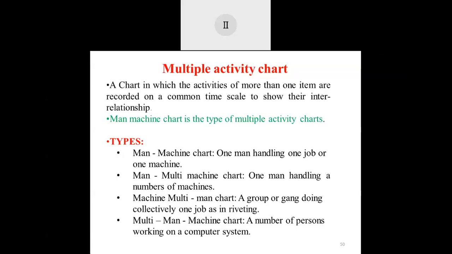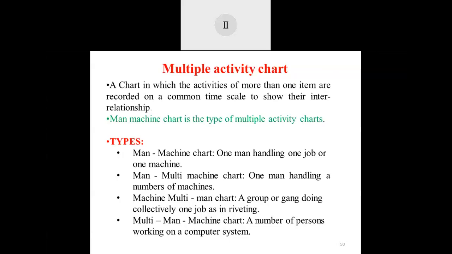Okay. One example is the man machine chart, which is a type of multiple activity chart. So there are different types of chart available. The types are written here. Types of multiple activity chart, like the man machine chart. Here in this chart, one man is operating a machine, or operating a job.